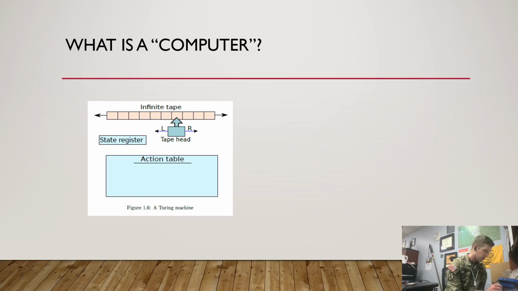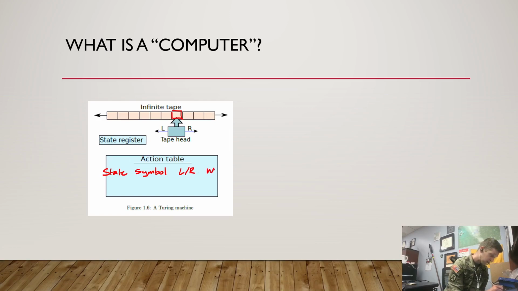There's a little piece of memory that stores which state the machine is in, and the operation of the machine is defined by an action table, which effectively lists 5 things based on the current state of the machine and the symbol underneath the tape head. That would be the symbol on this piece of magnetic tape. The Turing machine can move the head left or right.